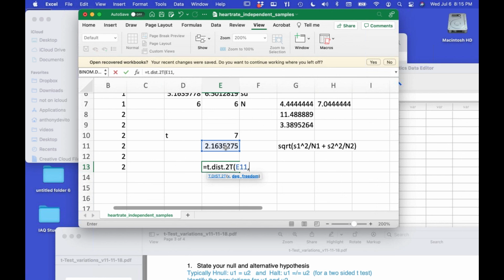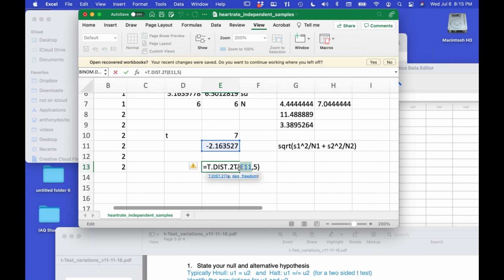Now, if I made this a negative, let's see if the p-value changes. Okay, hang on a second. Equals, it shouldn't change. Negative is equal to this. That's weird. I guess it only takes a positive value. Isn't that weird? Never tried that before, but I guess it wants a positive value for t. But trust me, it doesn't matter.